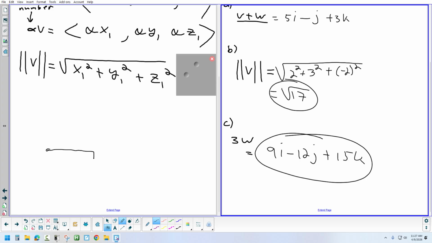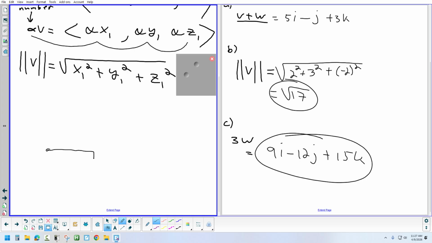So remember, you think of that 3 as like a distributive property, and you're just multiplying it out to each component that you have. So 9i minus 12j plus 15k. Any question on scaling a vector in 3D?